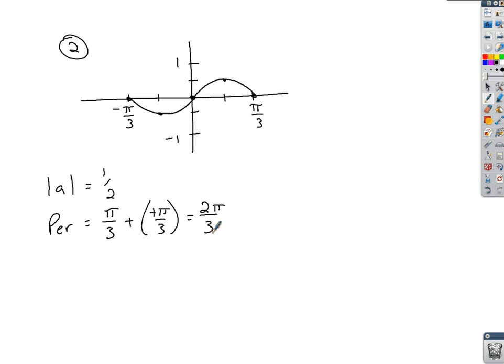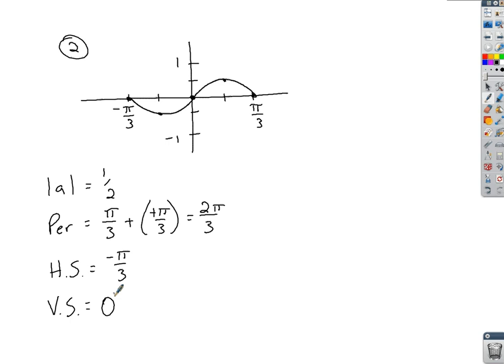Moving on to phase shift, which is horizontal shift. This represents where the graph starts. Okay, this graph starts at negative pi over 3. And then vertical shift on these, just to be consistent. We're going to notice that at 0 it doesn't move up or down.